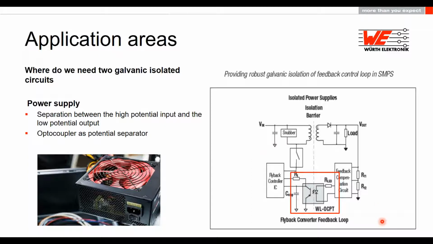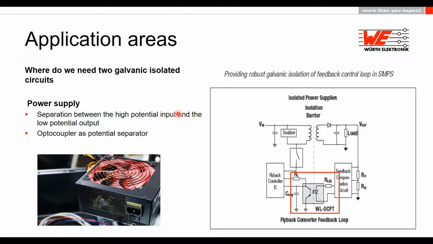On this slide, you can see the power supply in this picture, and on the right side you see the isolated power supply, or in general, the flyback converter with the feedback loop. So where do we need the galvanic isolated circuit? A power supply has the task of converting an unstabilized input voltage into a constant output voltage.